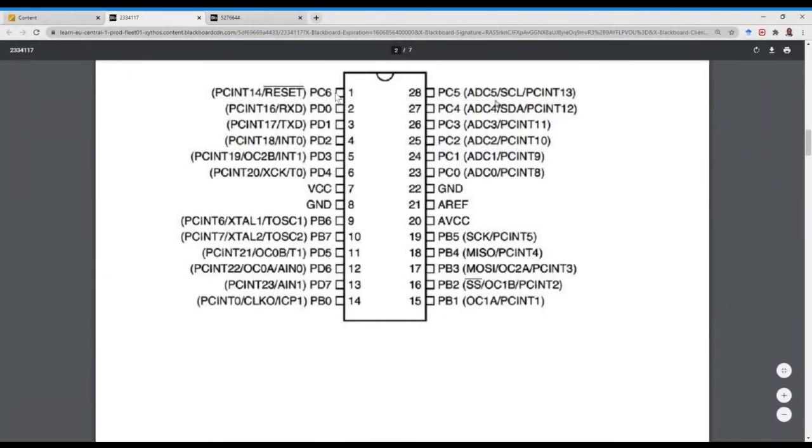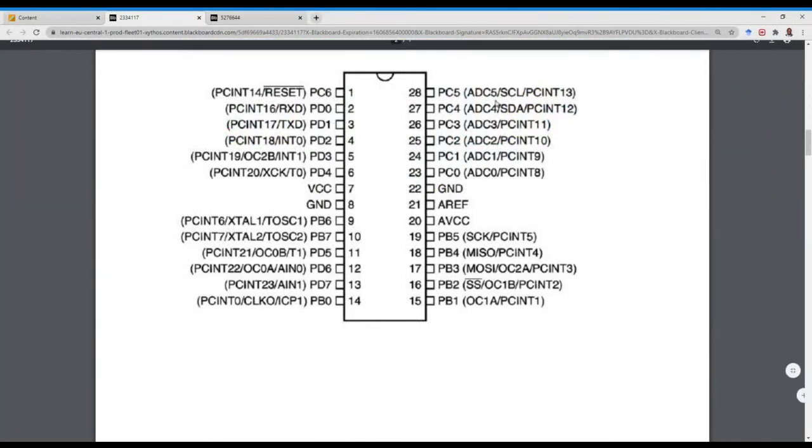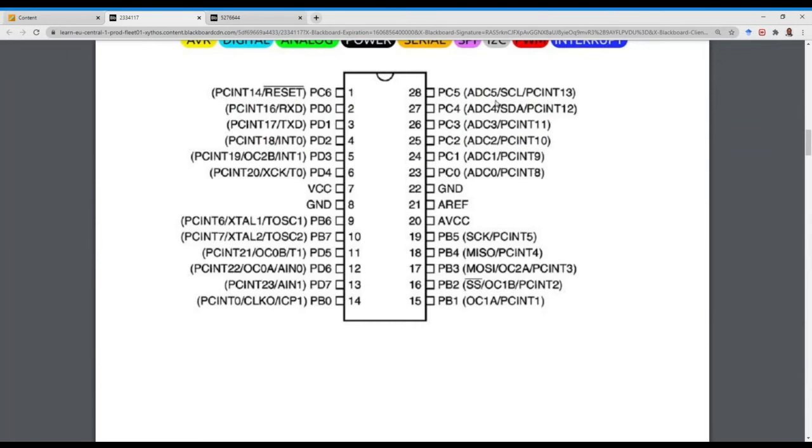Now, I need you to note something, especially those who are asking how to use registers for port C, and so on. It's the same as port D. The only thing is, under normal circumstances, if you're using the ATmega328P chip directly, you wouldn't connect PC6, which is pin 1.